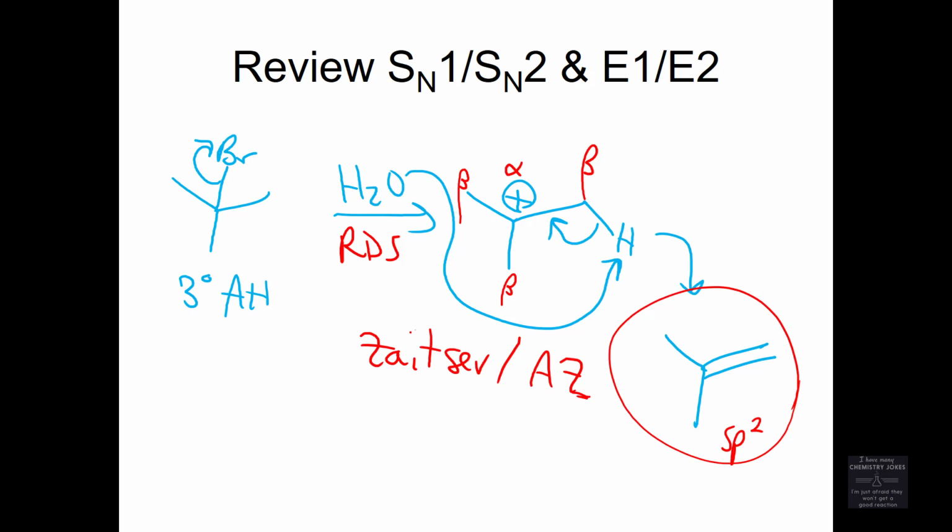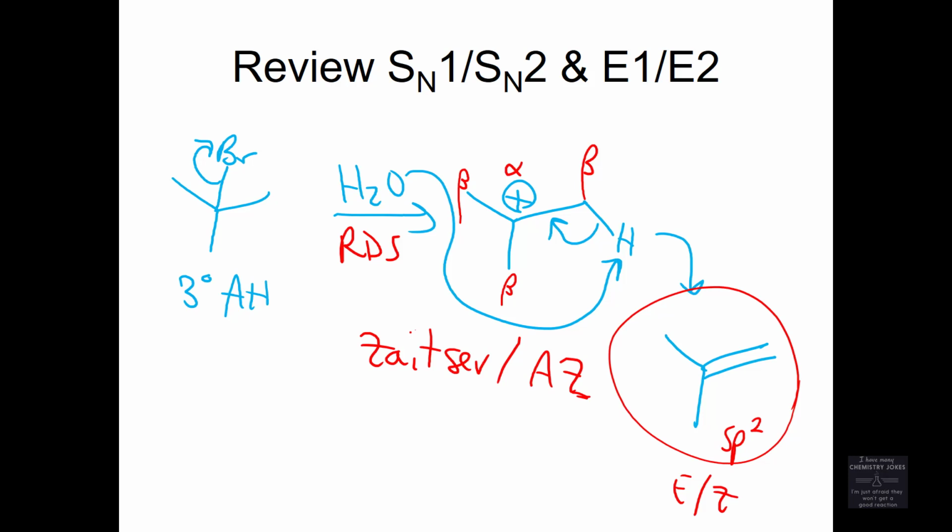You have to worry about cis and trans, E and Z. This specific example does not have any E and Z qualities, so we don't have to worry about it. But because this reaction goes through a carbocation in general, it could create E and Z products as your final alkene product. But this one's just going to create this, which is not E or Z. It's not applicable.